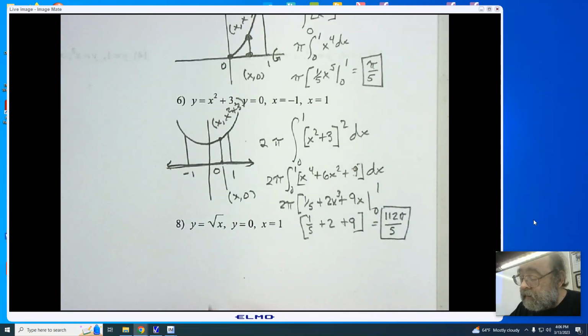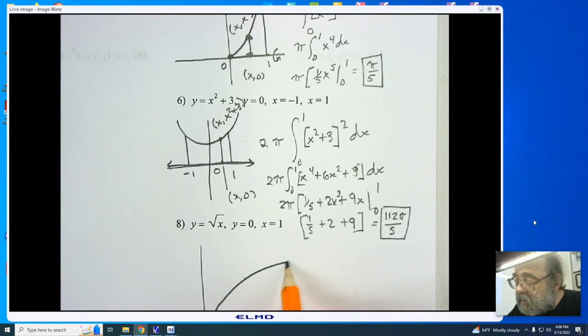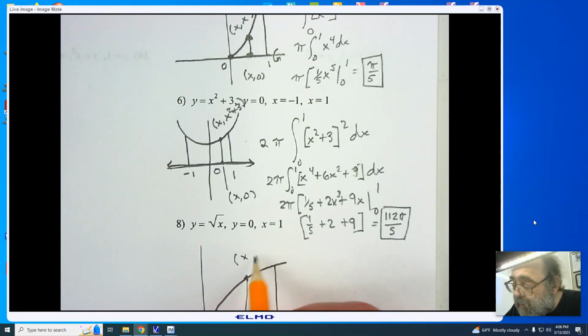Number 8, square root. Square root looks like this, going from 0 to 1, so y equals 0, going up to 1. Representative rectangle, right smack dab in the middle. This is x comma root x. Down here is x comma 0.